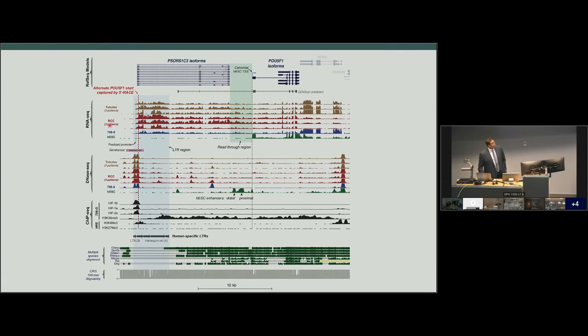When we look at the gene expression profile, so RNA-seq from tubules or kidney cancer, we can see that there's actually a very long transcript that originates far away from the normal start site of OCT4, many kilobases away, which actually corresponds to an open chromatin region, an enhancer, which is present in tubules and kidney cancer, but not in embryonic stem cells.